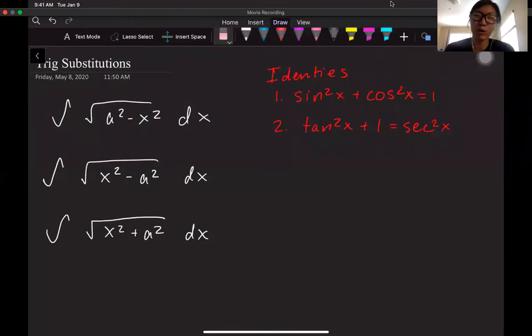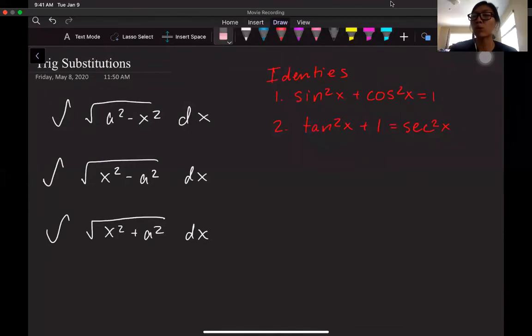The reason that we want to do that is because trig functions have plenty of identities that we can work with, and we can manipulate the problem using these trig identities, and that makes it super easy for us, right? So at the heart of trig substitution, we're trying to mess around with the integrand, right?